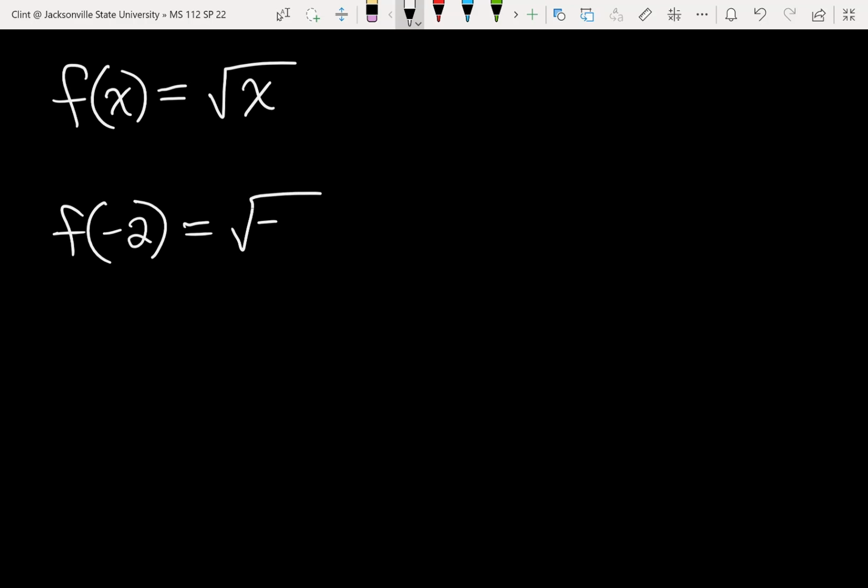Then we'll have square root of -2. What happens with that? If we take the square root of a negative number, we would get a complex number, right? We would get i. So with the functions that we're dealing with in here, we're not going to deal with complex numbers. So on that one, we would say no real solution.